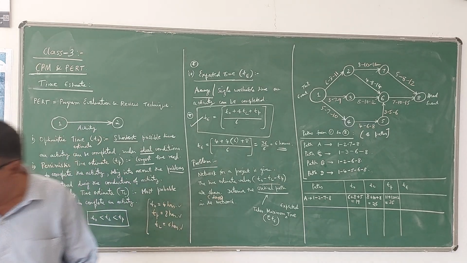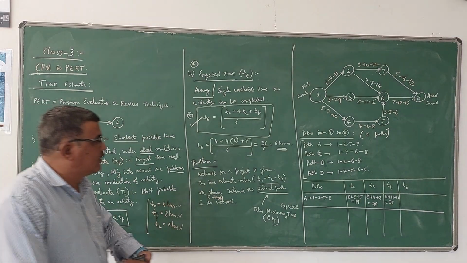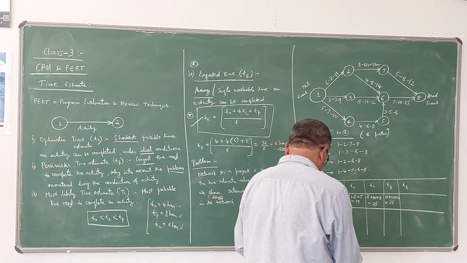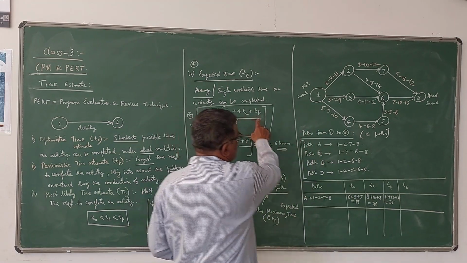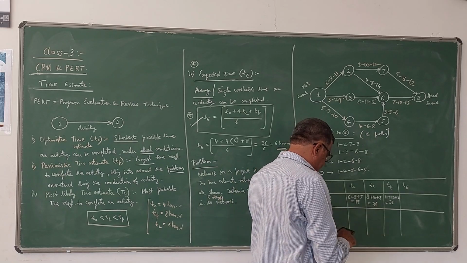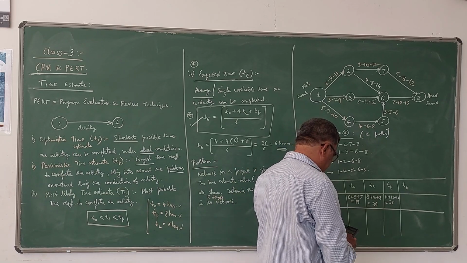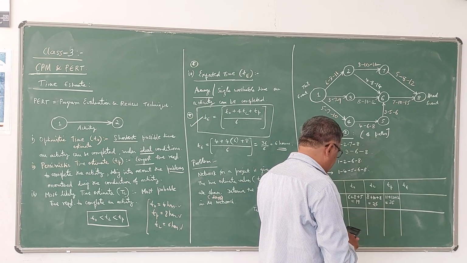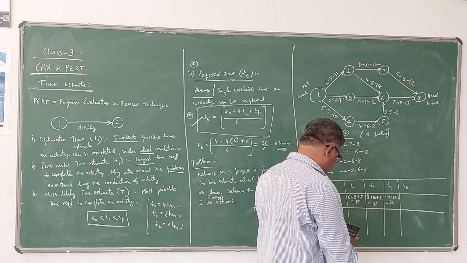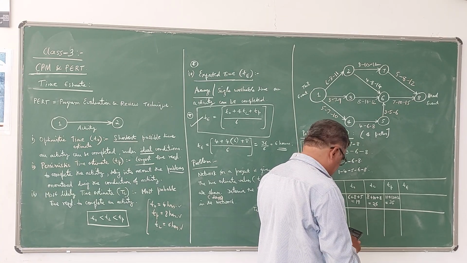Now let us calculate TE for path A. That is T naught plus 4 TL plus TP, divided by 6. T naught is 19, plus 4 times TL 26, plus TP 35, divided by 6.